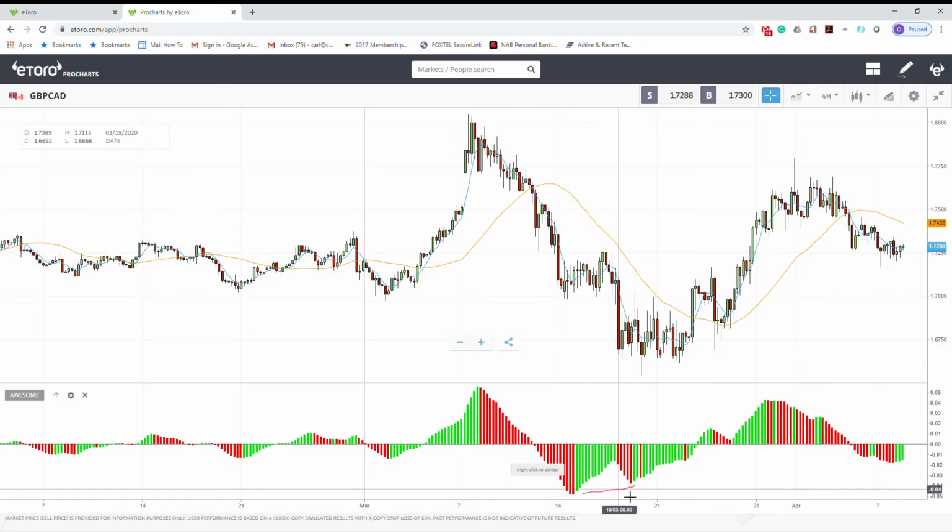You can see that this one is lower, and this gets a bit higher, closer to the zero line. This is a very good buy signal when the bars are below zero. So you can see this gives us the buy signal.